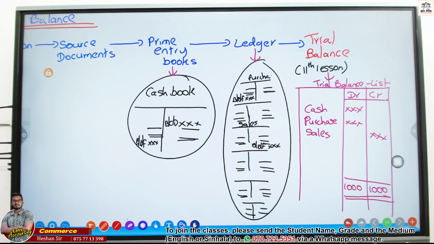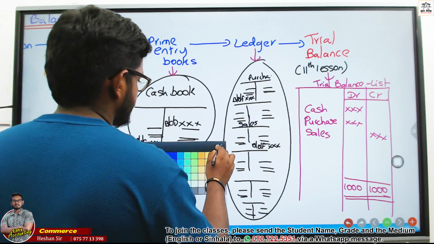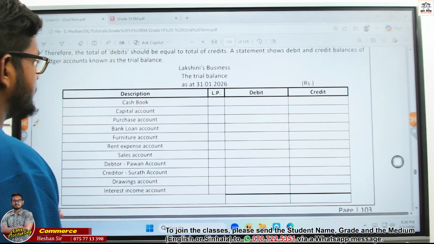Right. All good. Let's see others done. Right. Now come to our activity. Let's prepare the trial balance.